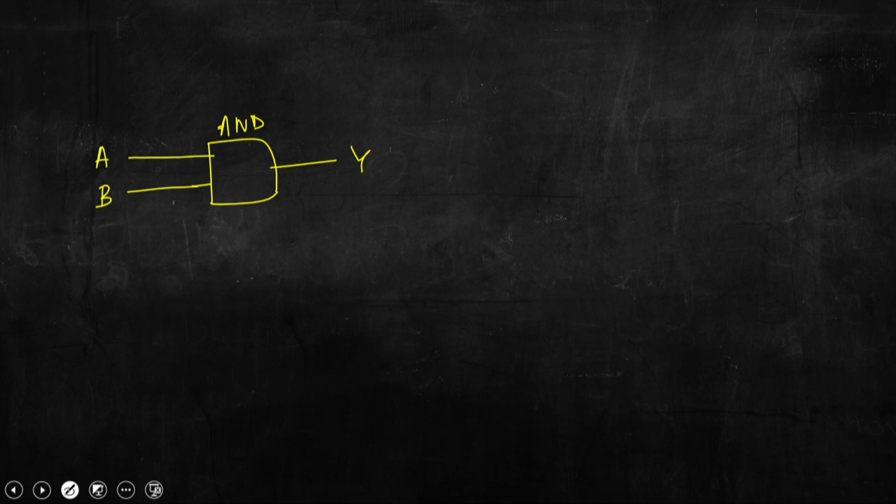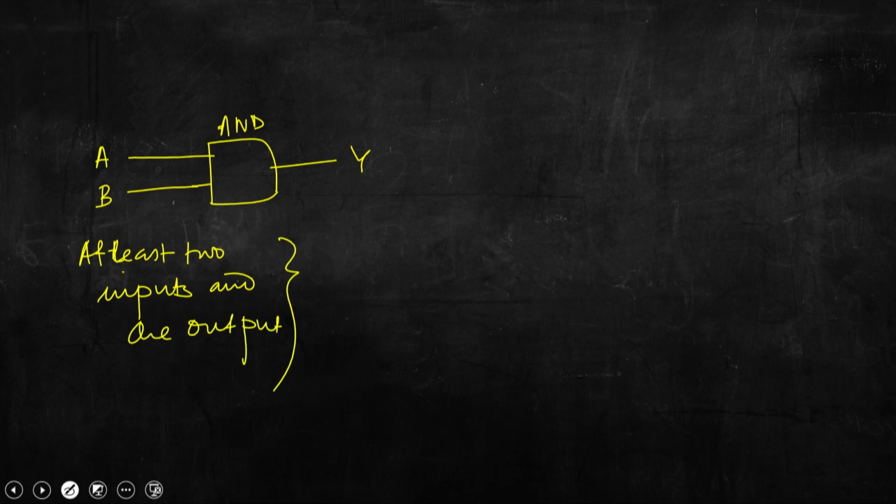What we can see is that it has at least 2 inputs and 1 output. If we go to the truth table, we have A, B and Y.